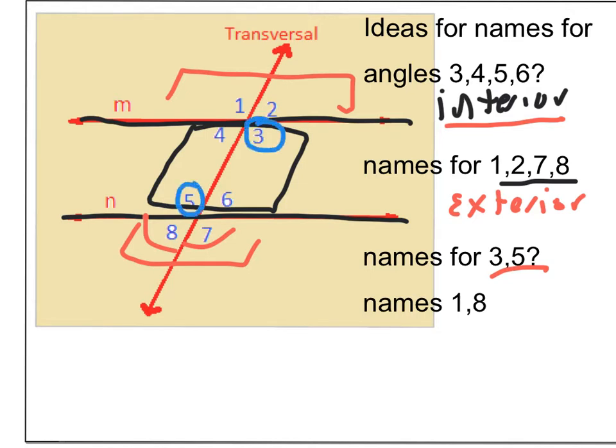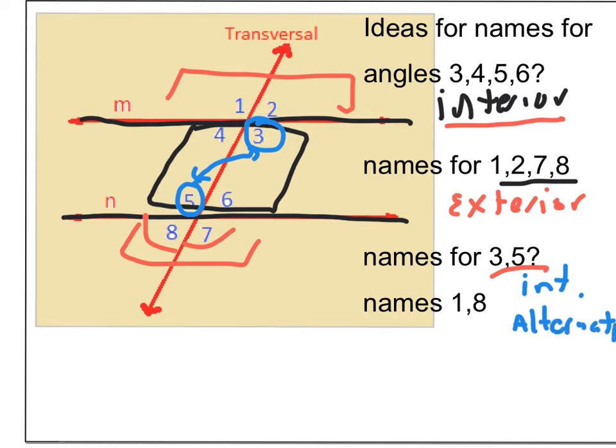Well, how do we designate the fact that they kind of jump over this transversal? Well, we'll call those still interior angles, and I'll abbreviate this because I'm running out of room, but they seem to flip over this line. So instead of calling them flipped interior angles, we call them alternate.